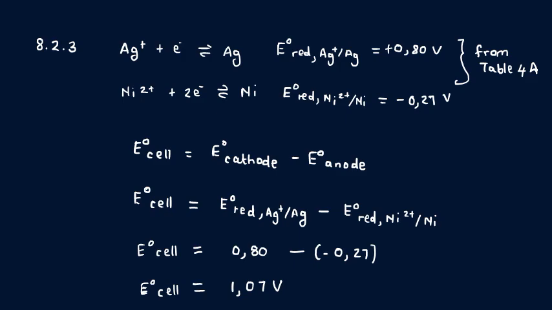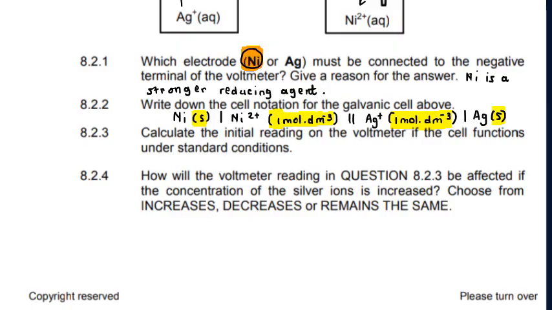Now, question 8.2.4 says, how will the voltmeter reading in question 8.2.3, so the one that we just calculated, be affected if the concentration of silver ions is increased? Choose from increases, decreases, or remains the same.